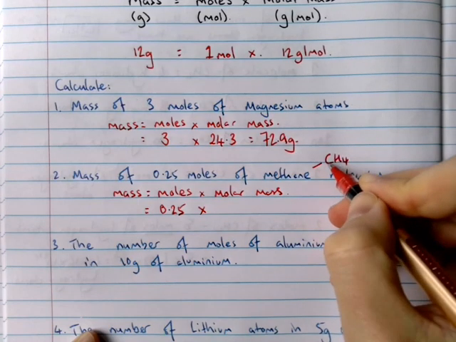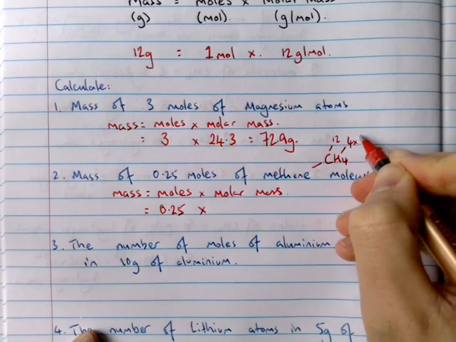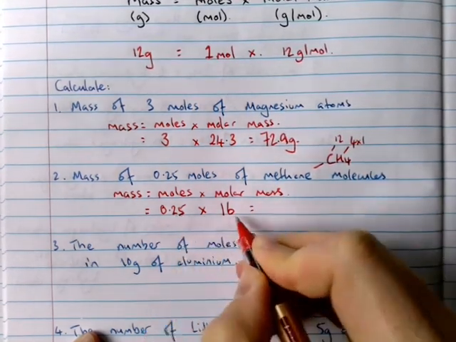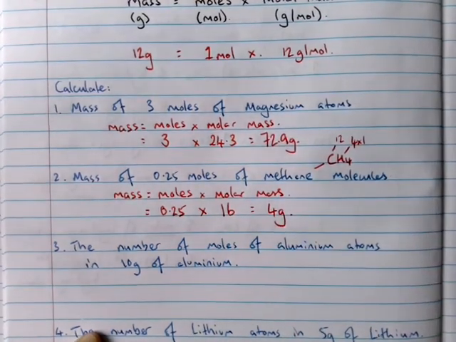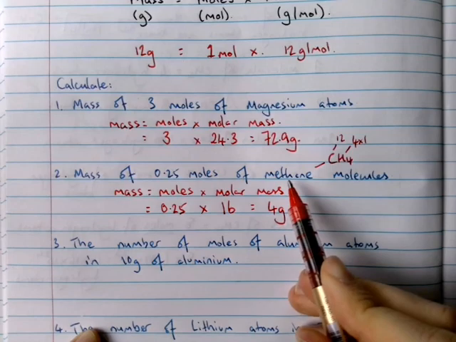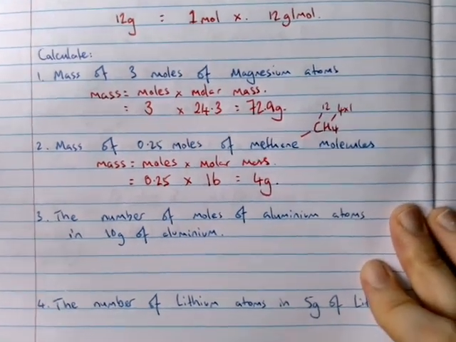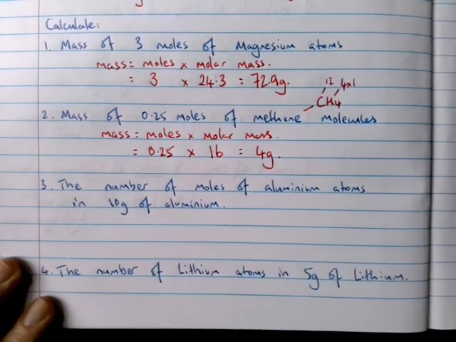Okay, carbon is 12. Each one of these is 1, but there's 4 of them. 4 times 1, 12 plus 4 is 16. Okay, so 0.25 times 16 is 4 grams. Okay, so if I've got 4 grams of methane gas, I know that it's got a quarter of a mole of methane molecules. Next. The number of moles of aluminium atoms in 10 grams of aluminium.